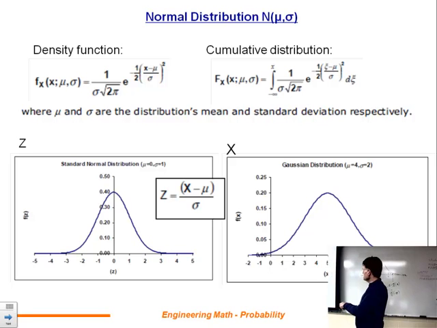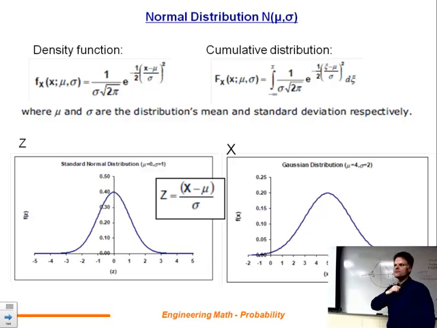So to find the cumulative function at x equals 7, you take 7 minus 4, the mean, so that's 3, divided by 2, that's 1.5. Go look up 1.5 in the table. Does that make sense? That's the general approach.